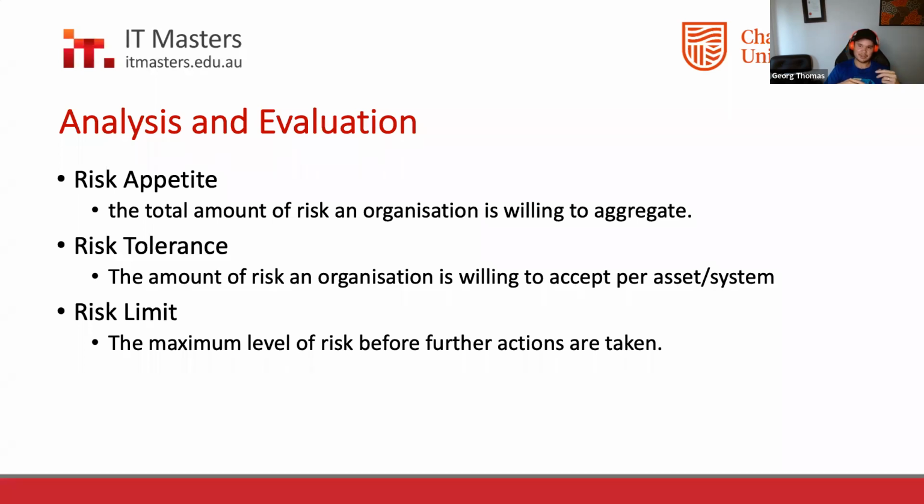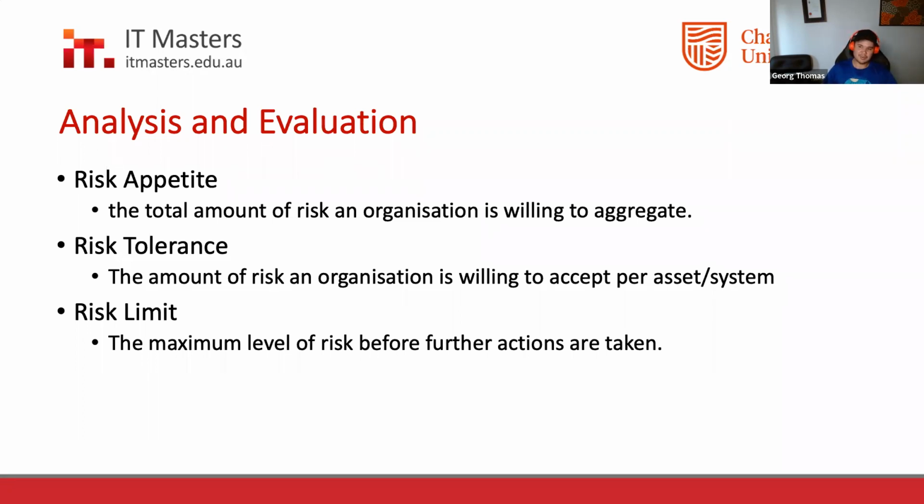Then for each system there might be a tolerance level, and that's going to vary typically. For one system you might be able to accept more risk, for example, a system that doesn't contain any sensitive information, it's all public or it's not really used, so you're probably willing to have a higher risk tolerance than for something mission critical, which is going to have a lower risk tolerance.